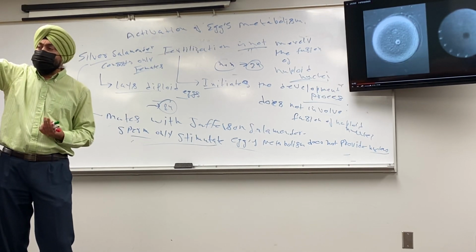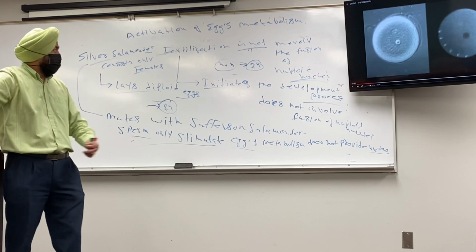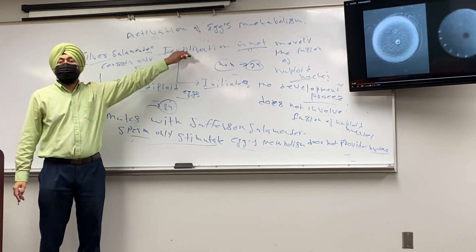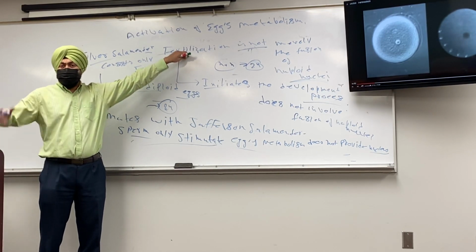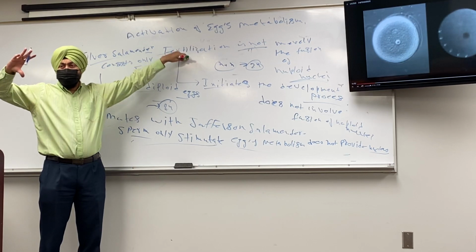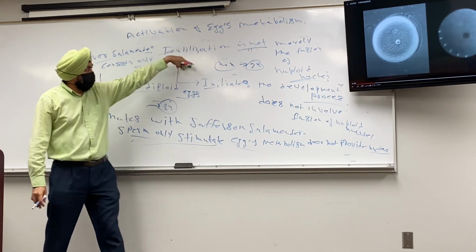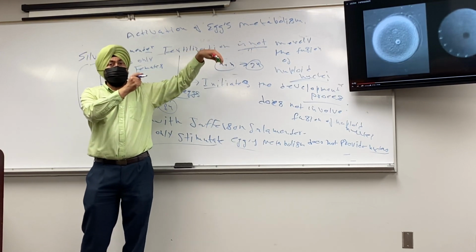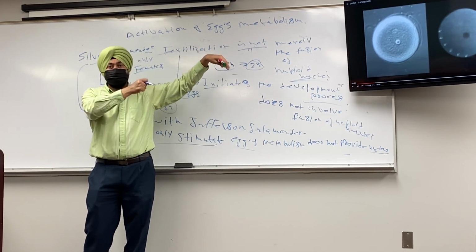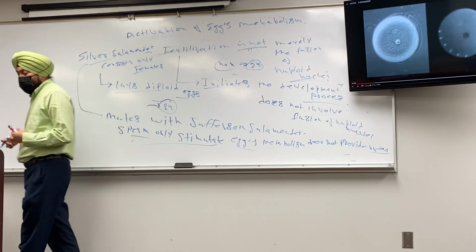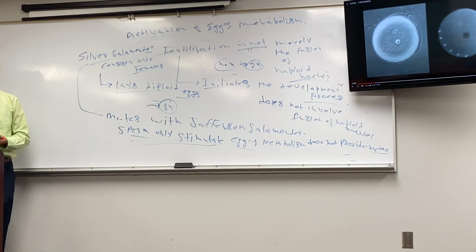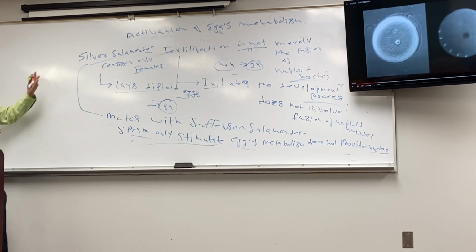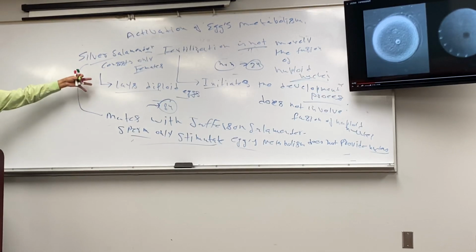And that inhibition is removed by fertilization. Is that making sense? So it has nothing to do with nuclear combination or nuclear recombination. So then what causes it? What made this inhibition go away?